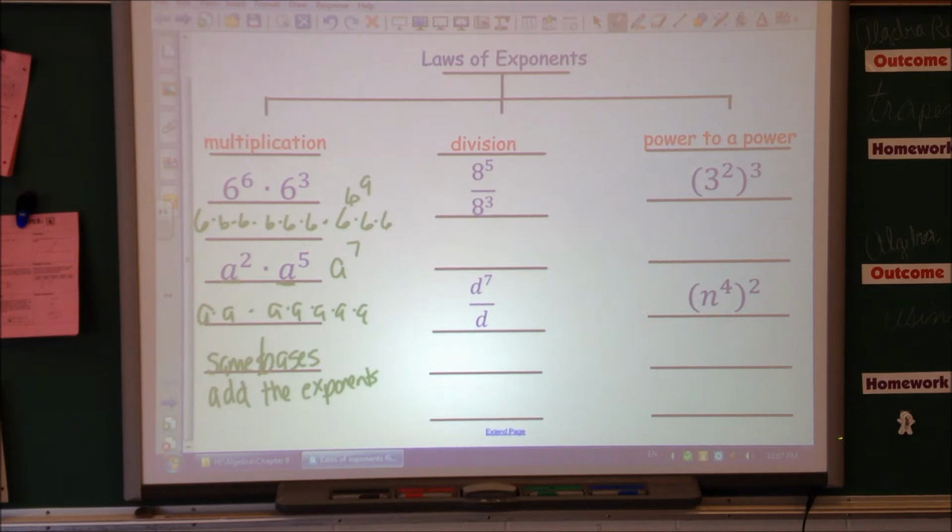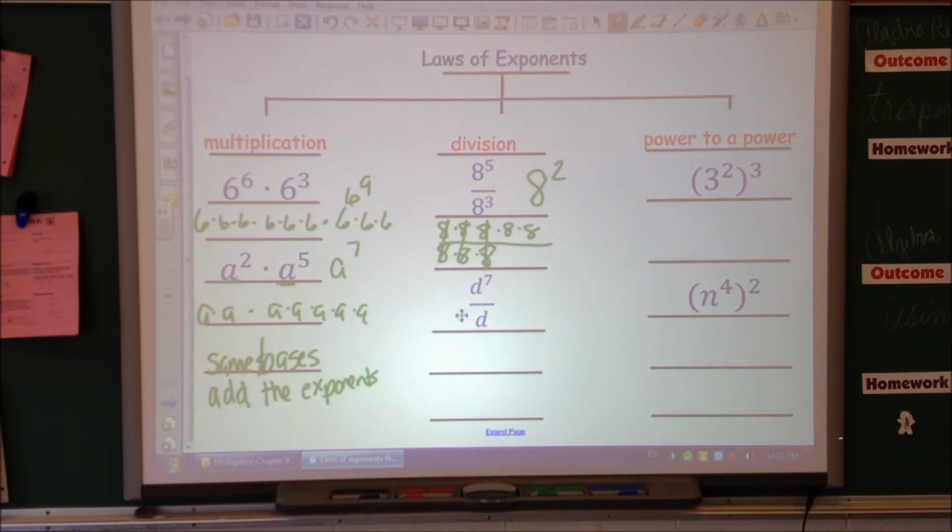All right, division. This example here, when I write this out, it would look like this: 8 to the 5th divided by 8 to the 3rd. 8 divided by 8 makes a 1, 8 divided by 8 makes a 1, 8 divided by 8 makes a 1. So I'm left with 8 to the power of 2.